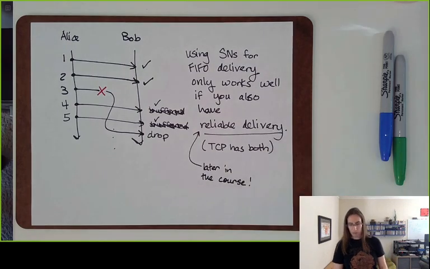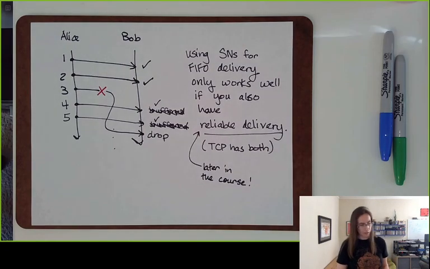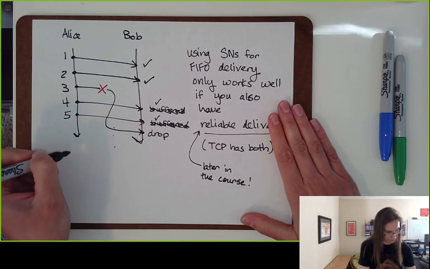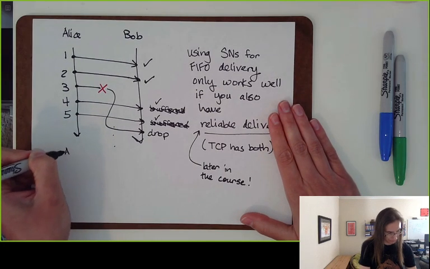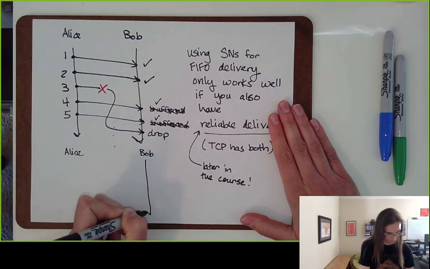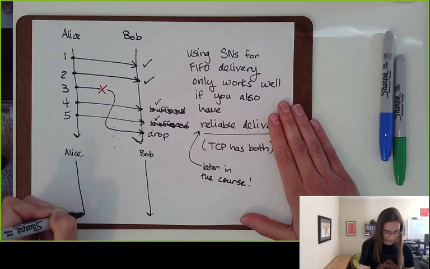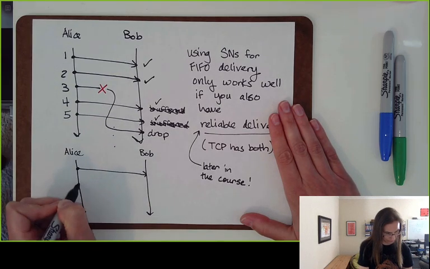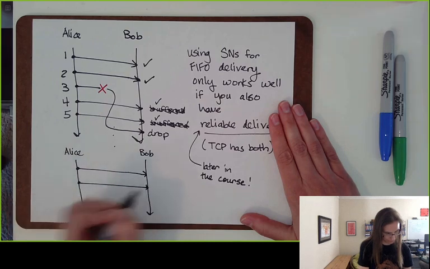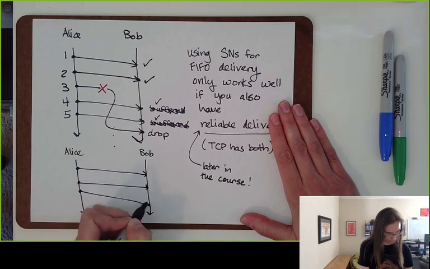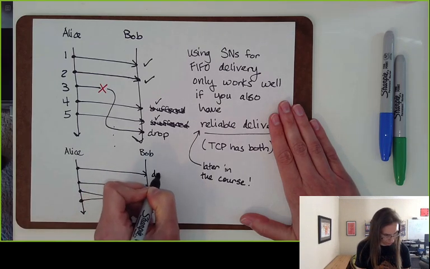Here's another point to make about FIFO. What if this happens? Let's say Bob drops all these messages.